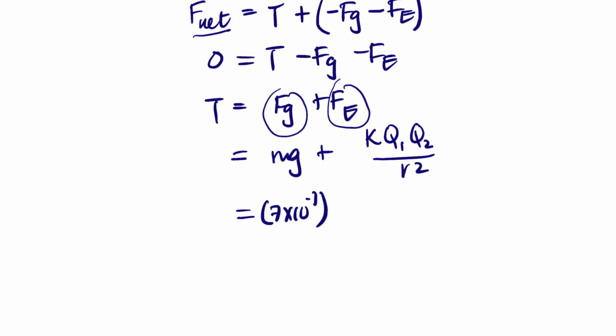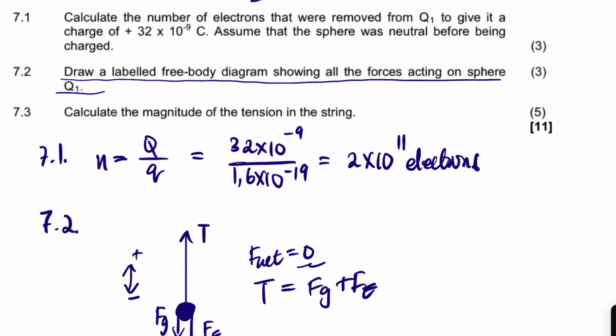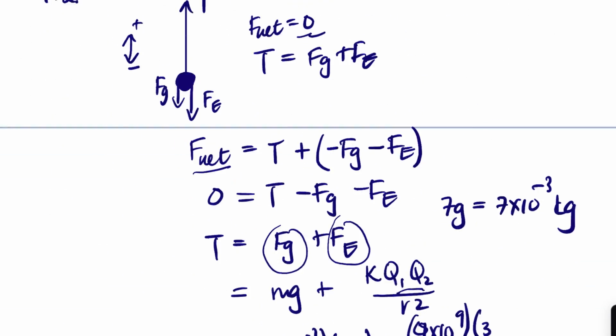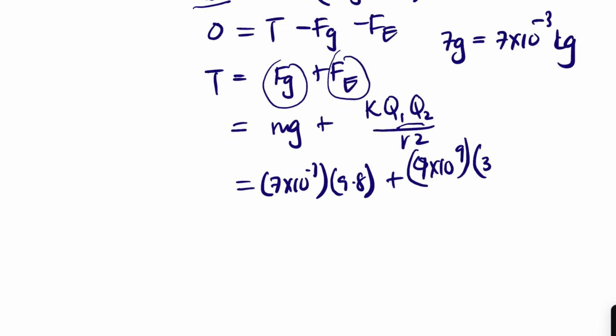Let me show you here. 7 grams is equal to 7 times 10 to the power negative 3 kilograms when you convert, times 9.8, and then plus 9 times 10 to the power 9, and then the Q's, 32 and 55, and the distance is 0.025.